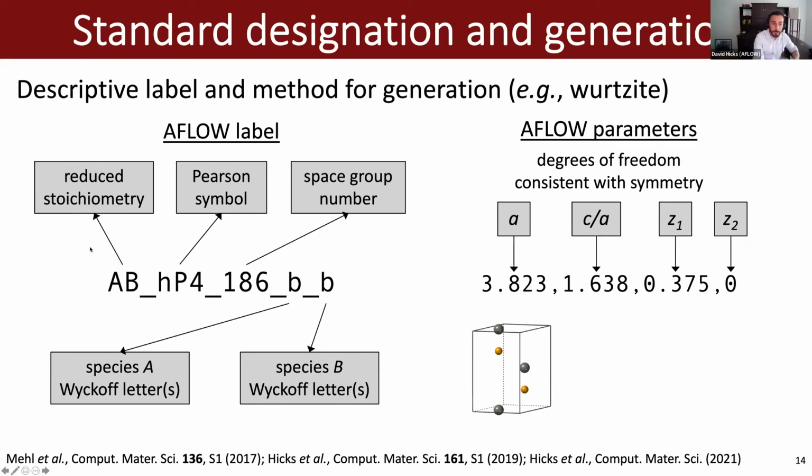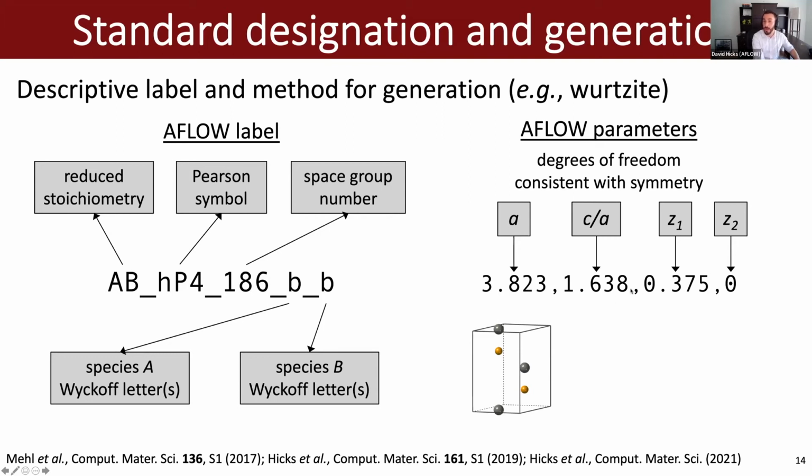And this label tells you a little bit of what the structure actually looks like. So it's a string separated by underscores that tells you what the reduced stoichiometry is, the Pearson symbol, the space group, and the Wyckoff letters. And then this alone doesn't tell you the exact structure that you have. You need to specify these degrees of freedom.